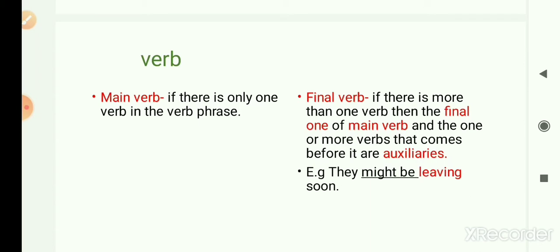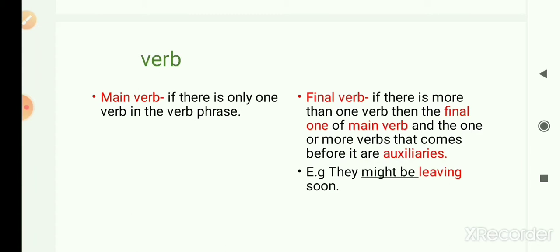On the other side, if in a sentence there are multiple verbs, then the last verb is the main verb, whereas the one or more verbs that come before the main verb are auxiliary. In other words, I can say it is a helping verb. Look at the example: They might be leaving soon. Here, leaving is the main verb and might be is auxiliary.